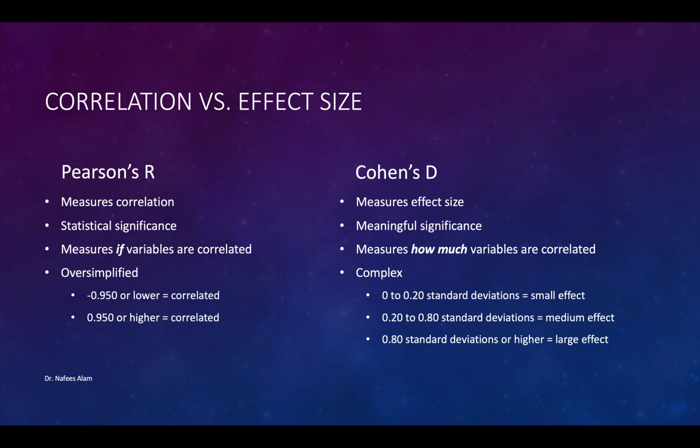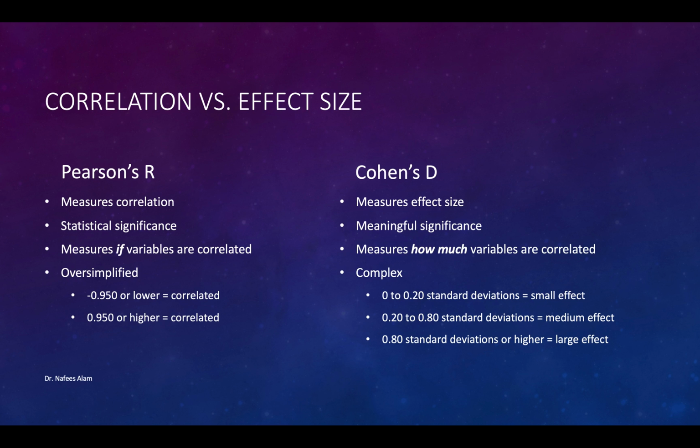And Cohen's d is a little bit more complex than Pearson's R in that a Cohen's d of 0 to 0.20 standard deviations equals a small effect. 0.2 to 0.8 standard deviations equates to a medium effect, and a standard deviation of 0.80 or higher shows a large effect.